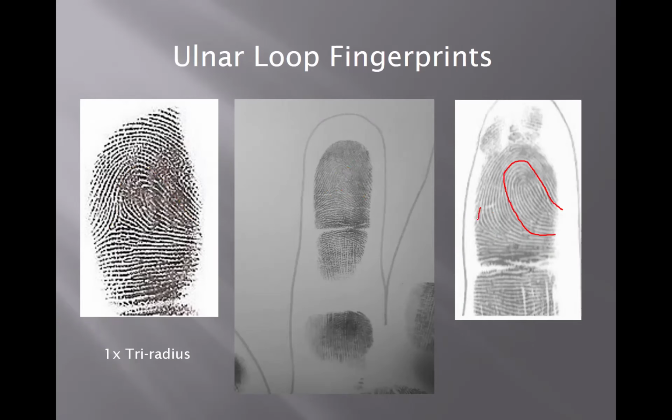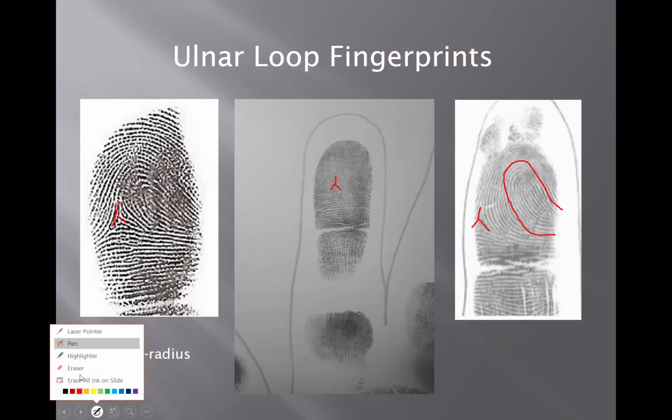And that's the definition that Galton gave to the fingerprint patterns. He said, when you're trying to identify a fingerprint pattern, look for the tri-radius. It doesn't really matter where it is so much; what matters is the number of the tri-radius. So look for that. Loop fingerprint patterns always have one tri-radius. And that's how you know it's a loop.